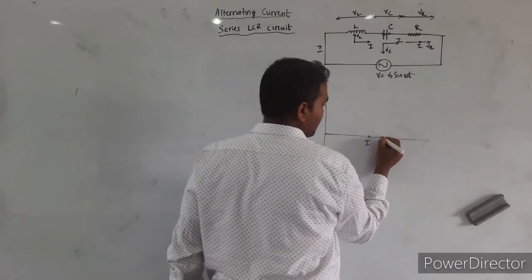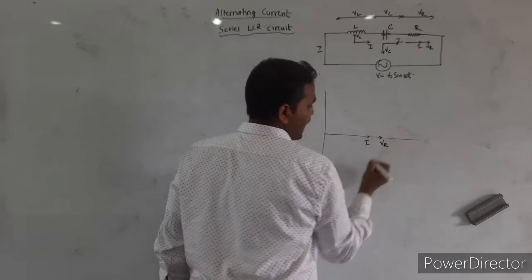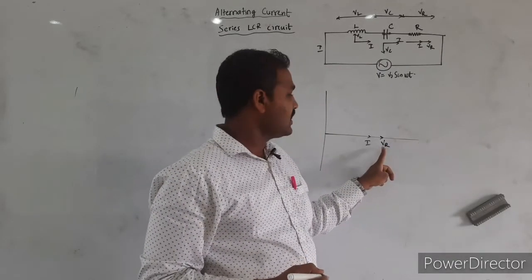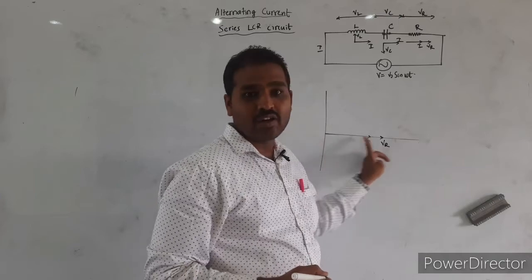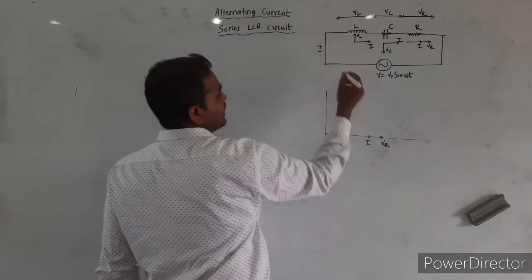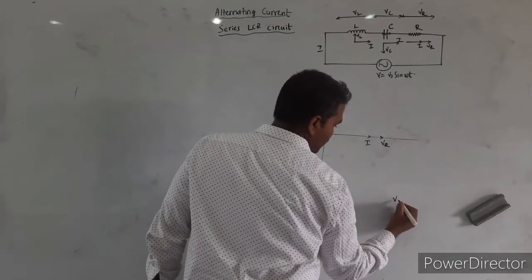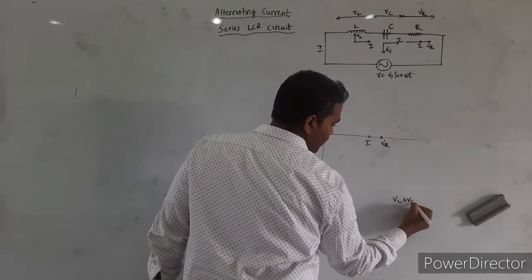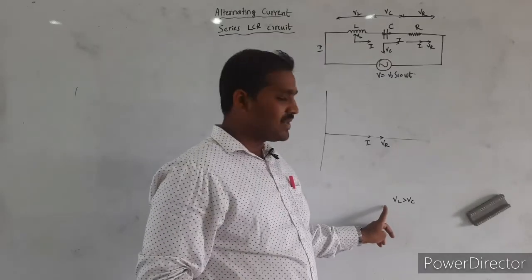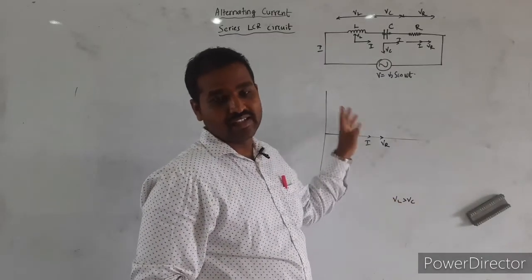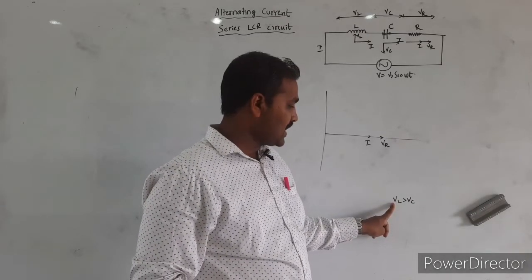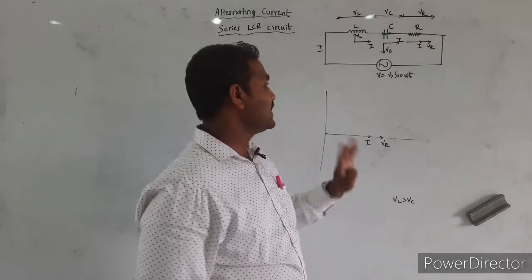As we know, the current and voltage are in phase when I consider the resistor, so both will be along the x axis. Then in this case let us assume VL is greater than VC. Sometimes it may be reversed, VL may be less than VC also, that we shall see later. For derivation purposes we shall consider VL greater than VC.